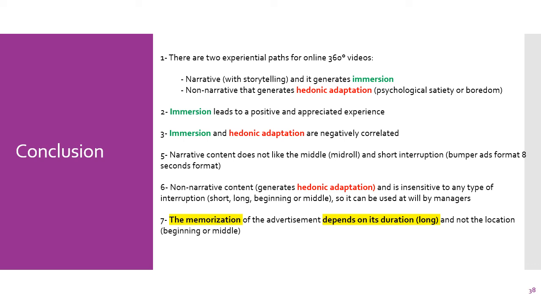Immersion leads all the time to a positive and appreciated experience when someone is captivated by the content of the video or the story. Immersion and hedonic adaptation are all the time negatively correlated, so they have a strong negative correlation. When you have immersion, hedonic adaptation is absent and vice versa.